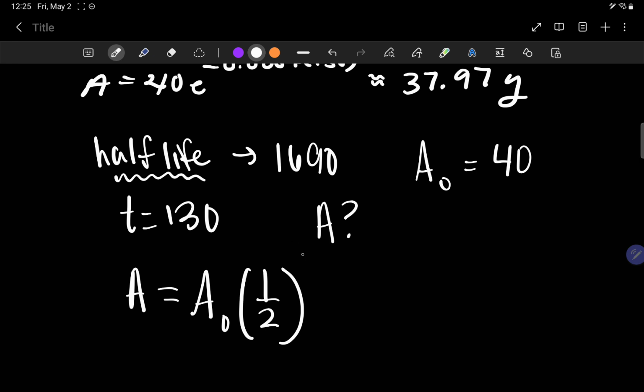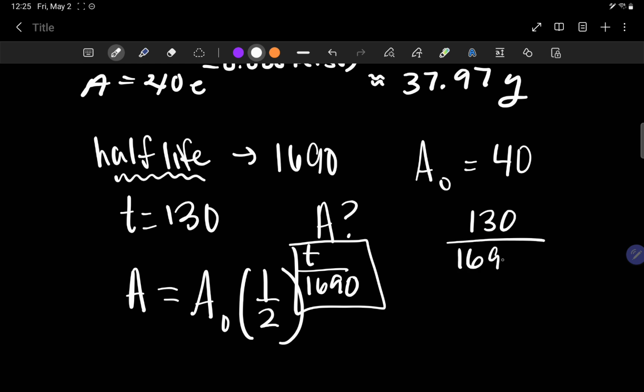And then instead of being raised just to the t, it's t over whatever the half-life is, so our 1690. Because this fraction, 130 out of the 1690, tells us how much of that half-life time span we have. So we're taking half to that amount.